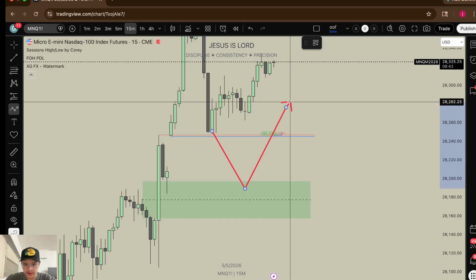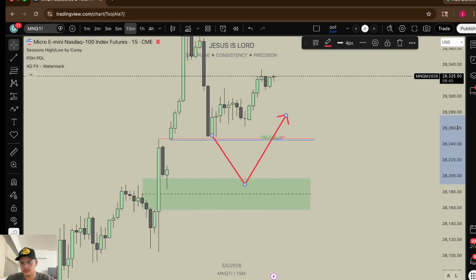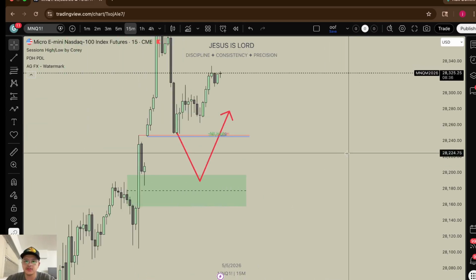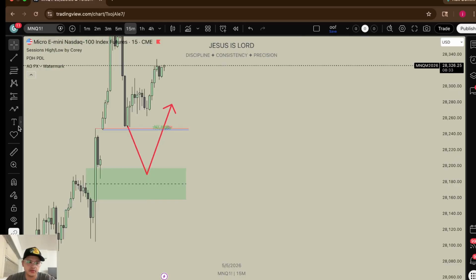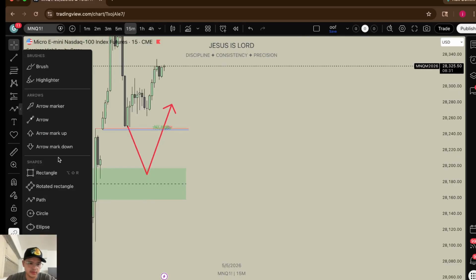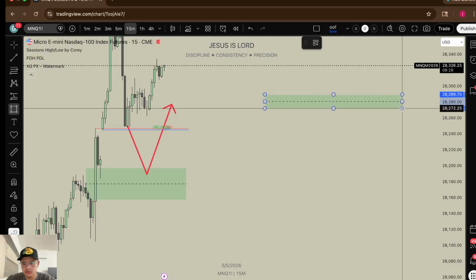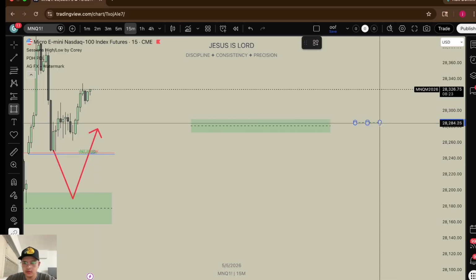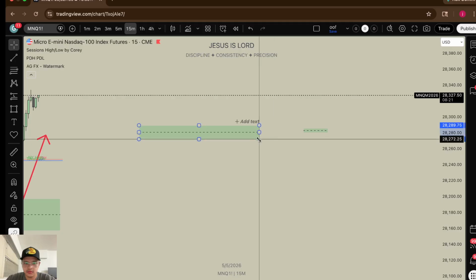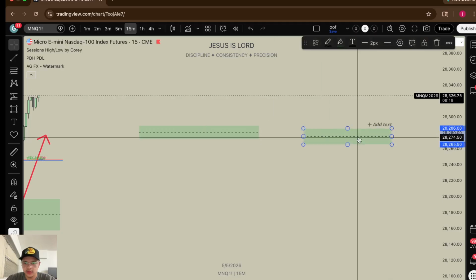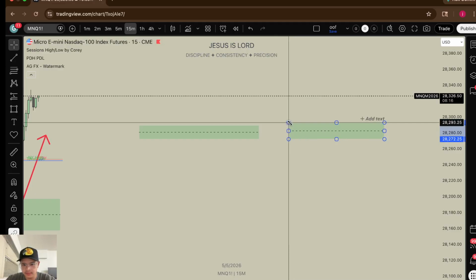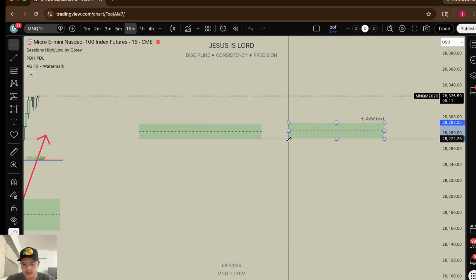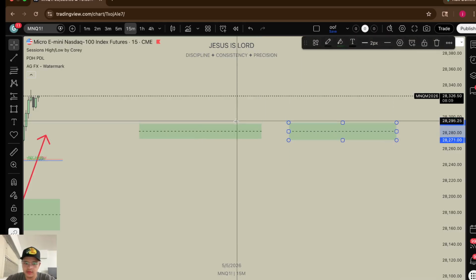The higher the time frame of the fair value gap, the stronger the reaction. I'm going to draw it out for you guys to visualize it. Make sure you note this down: the higher the time frame of the fair value gap, the stronger the reaction.